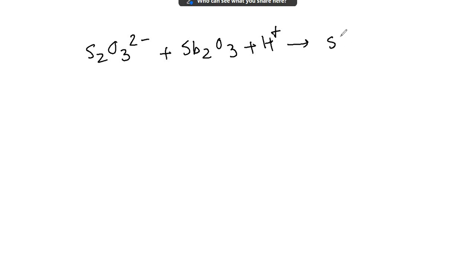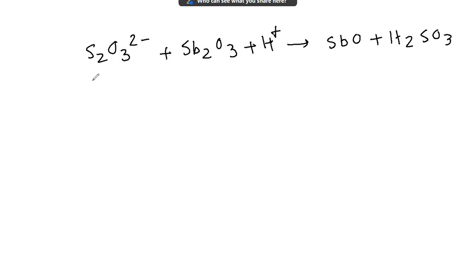In this case it is given as H2O3 2 minus plus, in this case it is given as Sb2O3, Sb2, medium is acidic, gives you what? SbO plus H2SO3. Let us proceed.